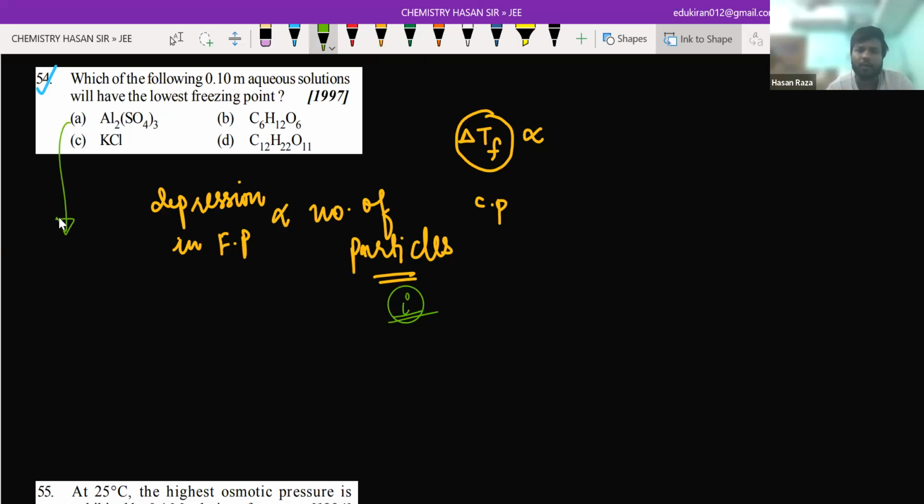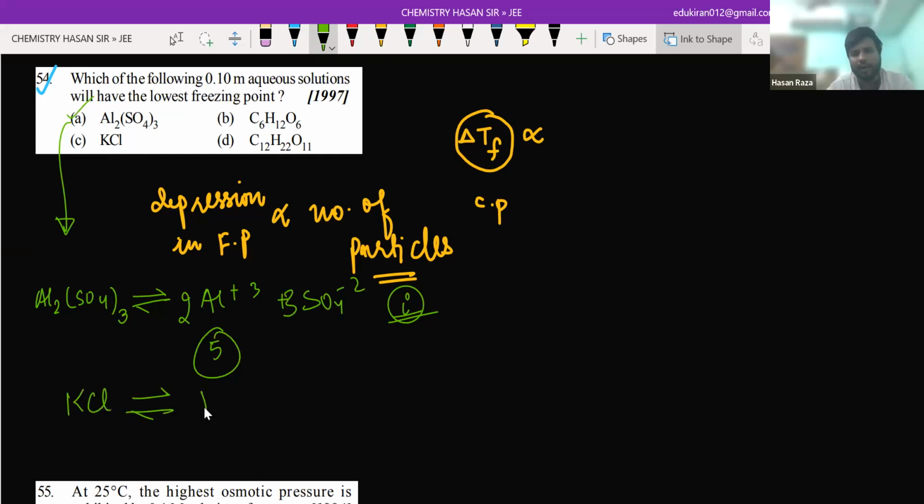And how are you going to calculate the value of i here? First you are going to dissociate it if it can be dissociated, and you know that this will be dissociated into Al3+ and SO4 2-. After balancing it, you will get 5 particles for this. And if you dissociate this KCl, you will get 2 particles.